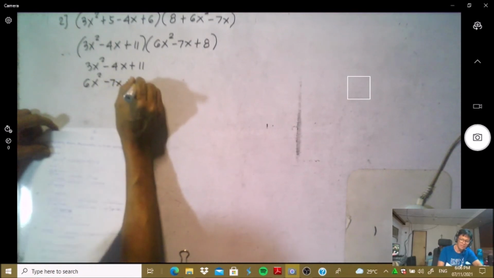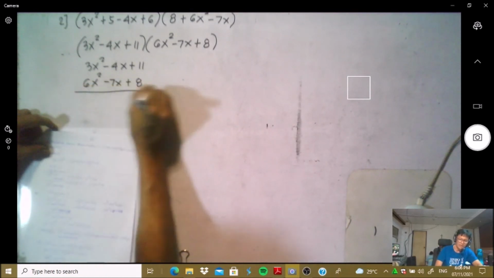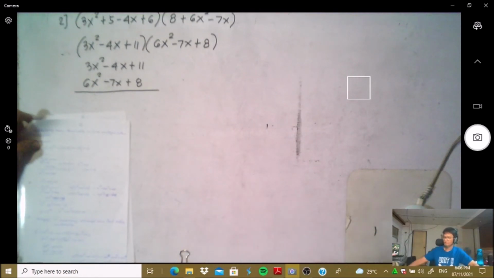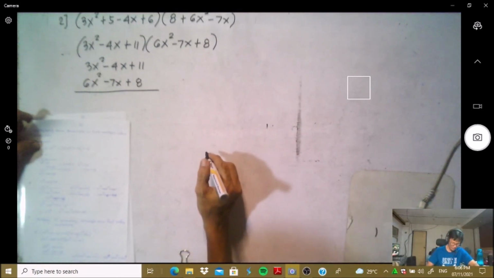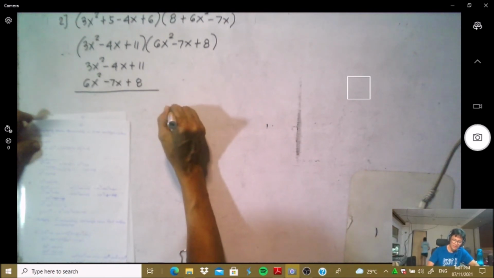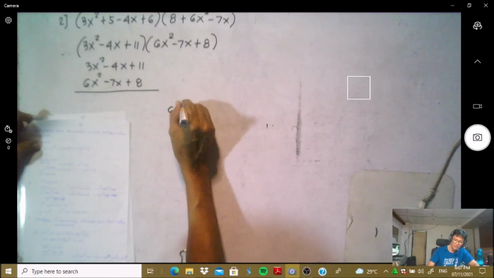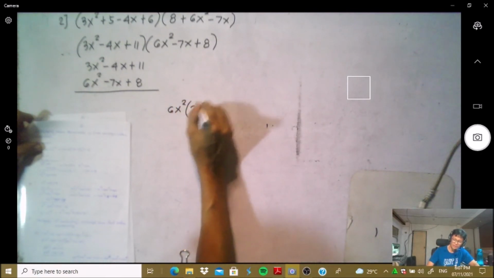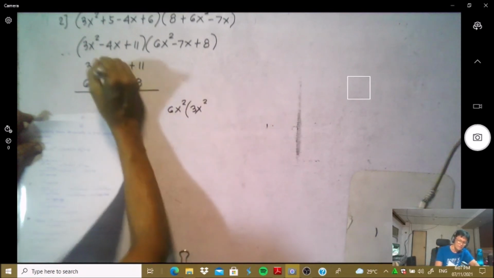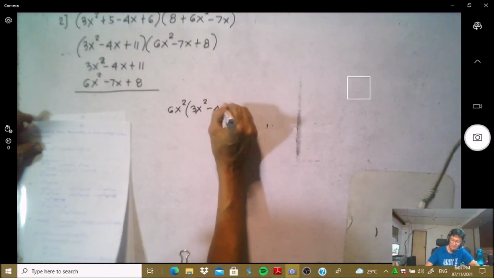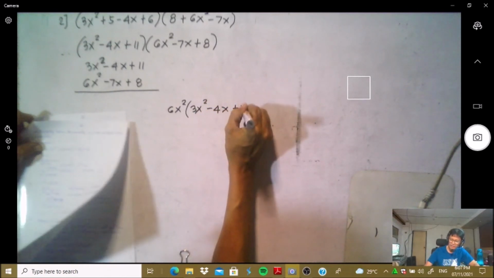Now this is a trinomial multiplied with a trinomial. The solution is quite long, so it's best for you to multiply it step by step. We have to multiply first 6x squared with the trinomial above, which is 3x squared minus 4x plus 11.